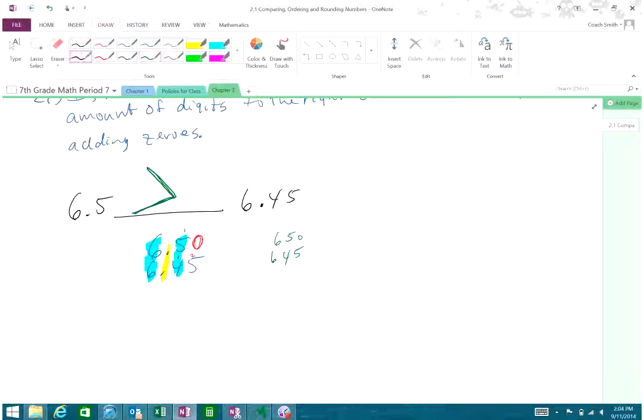Now, understand that just because a number has more digits does not make it bigger. For example, let's say I'm comparing 1.1 and 1.098765.